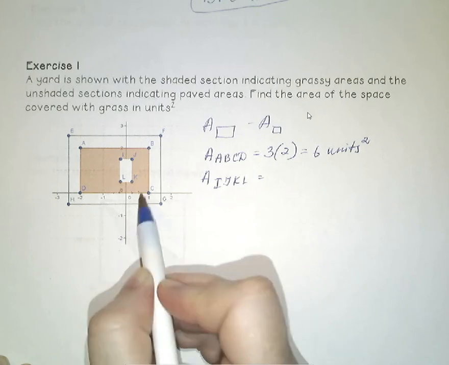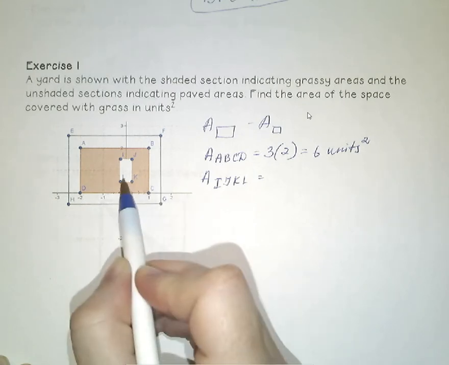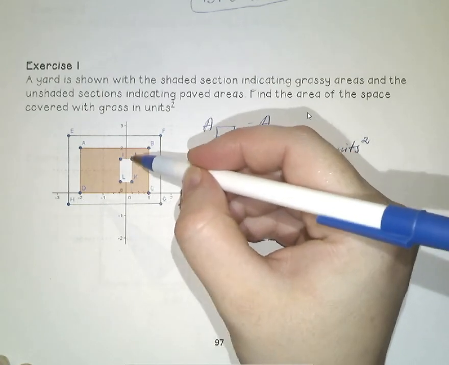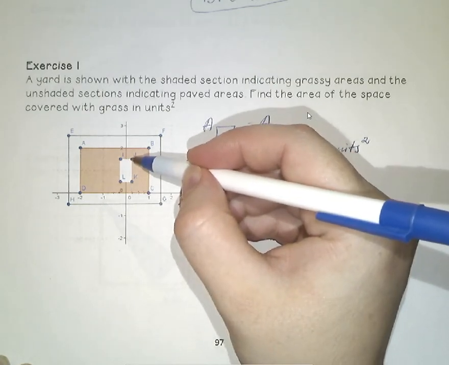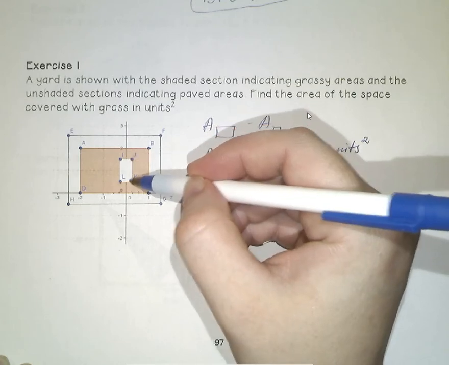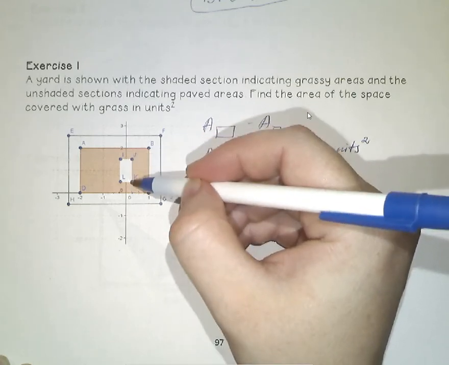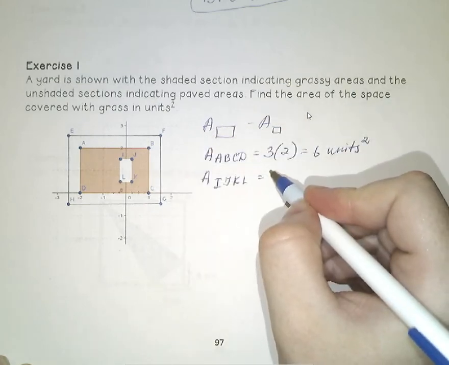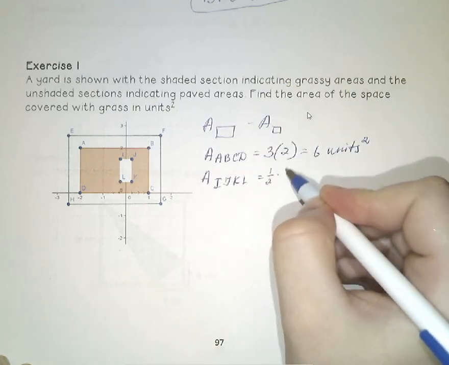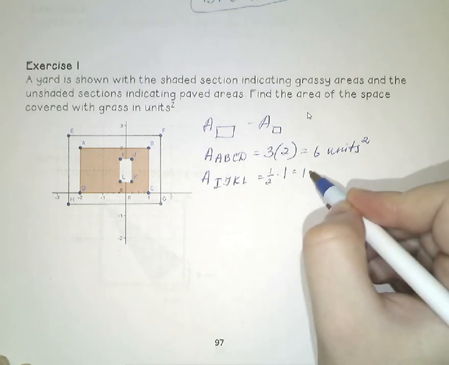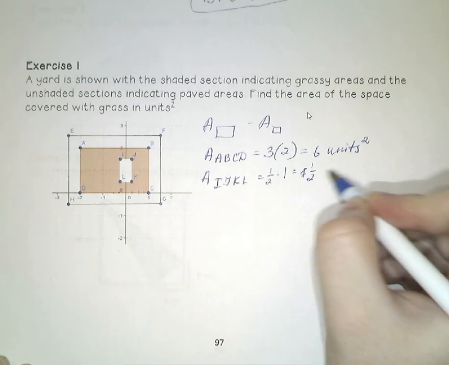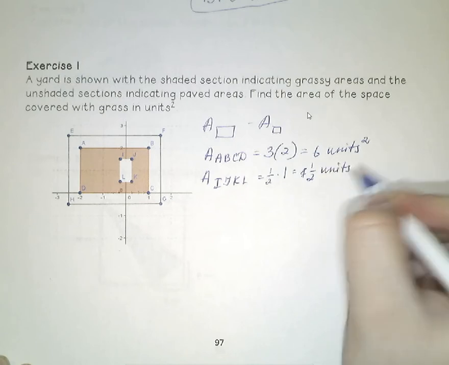Together it's 2/4 or 1/2, right? So 1/2, and here 1/2 to 1.5. So this one will be half and a half is one whole unit, and this is 1/2 unit. So it's going to be just 1/2 units squared.